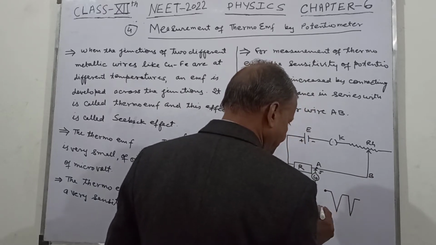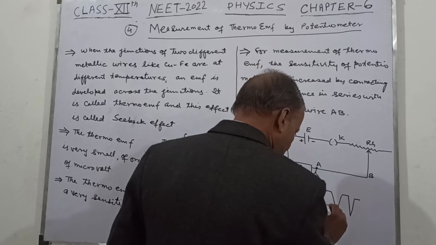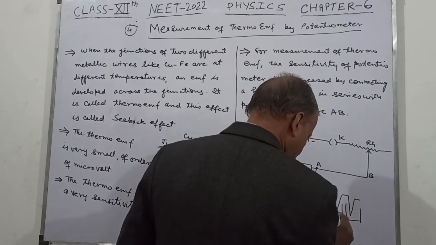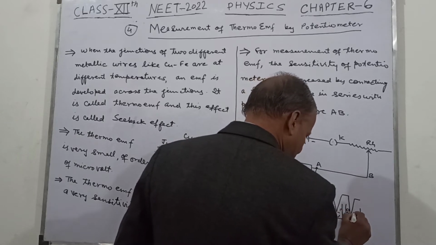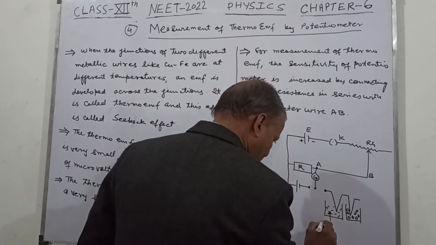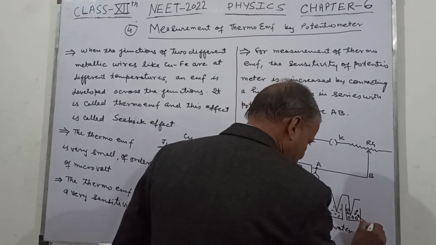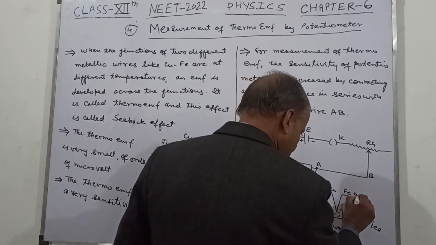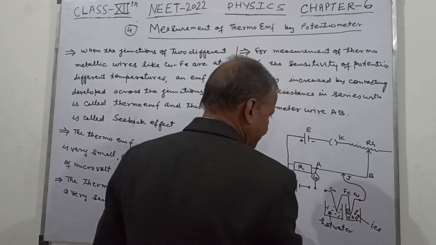This is the ice, this is hot water. This is your copper, this is iron, and then this copper, and then this is connected to jockey J.